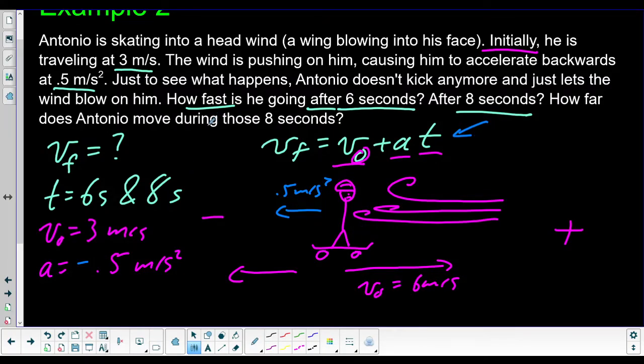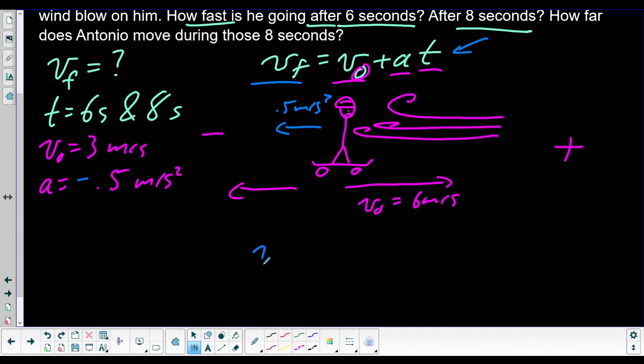Okay, so we have our initial velocity, our acceleration, and our times. Now we can use this equation to find v final. So let's do that. V final equals, we'll do 6 seconds first, V initial is 3 meters per second plus negative 0.5 times our time, 6.